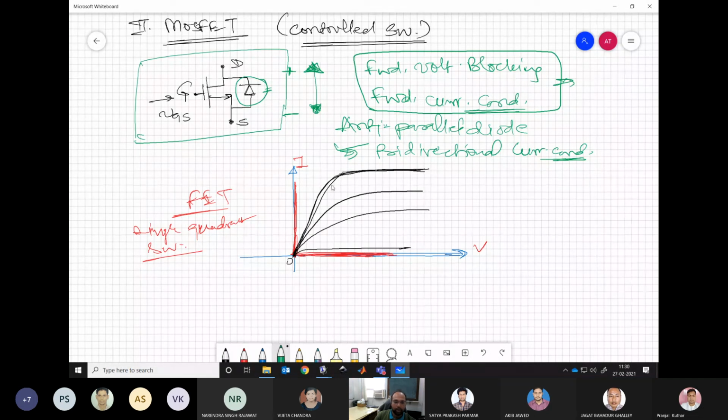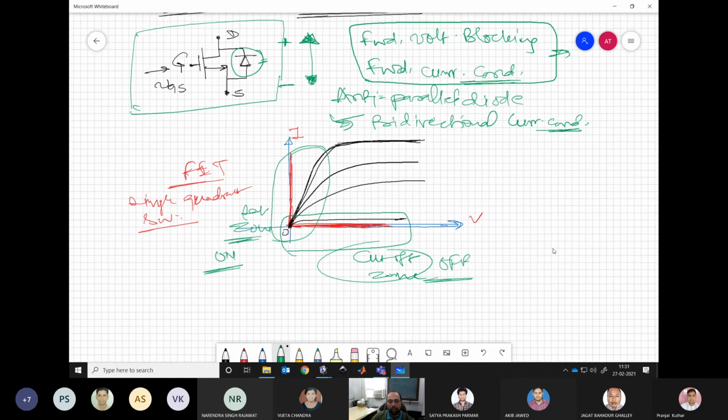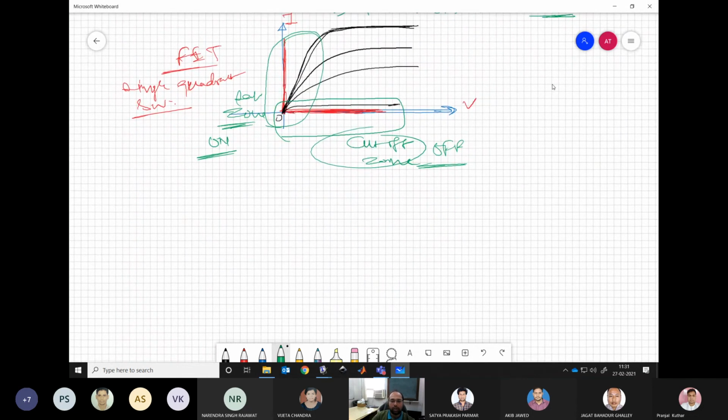So again, like BJT, we have zones of operation. This is called the saturation zone, and the other one is called the cutoff zone. The saturation zone is where the device is on, and the cutoff zone is where the device is off. Now this characteristic tells a very important thing about the MOSFET. When we draw the equivalent circuit, the off state equivalent circuit for all the devices is very close to the open circuit.